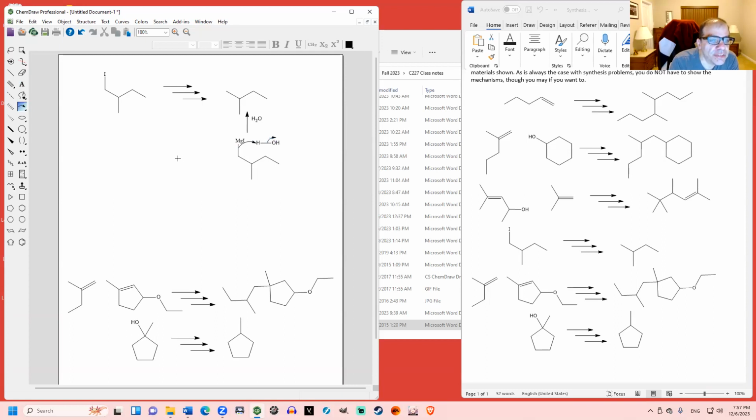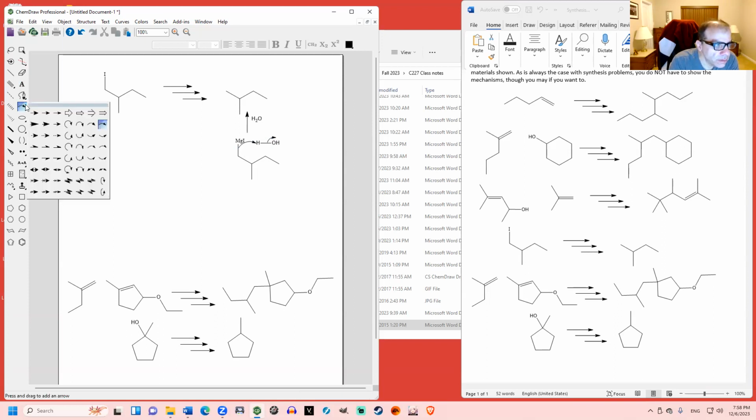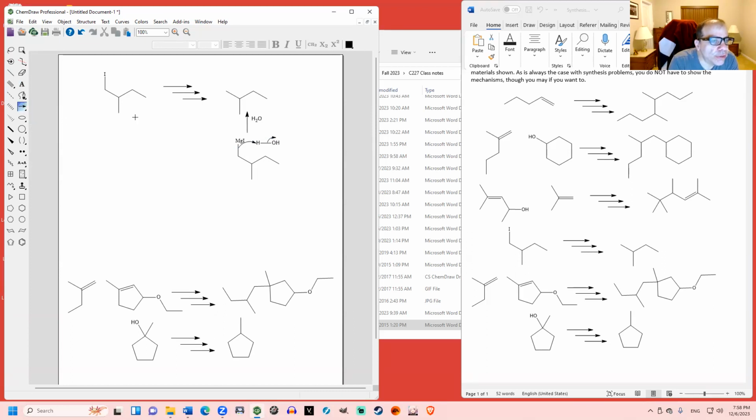Just like that. And we can make that Grignard reagent just by treating the iodide with magnesium metal in either THF or diethyl ether solvent. Either Et2O or THF, take your pick. Either solvent is correct.